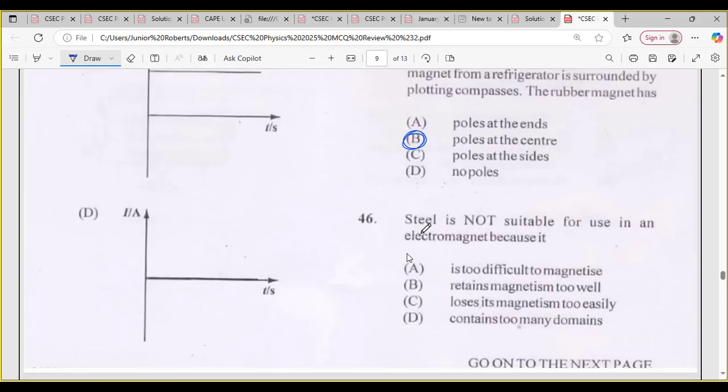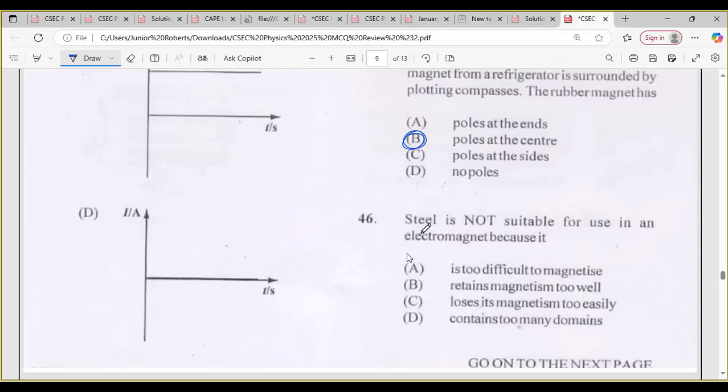46 now says, steel is not suitable for use in an electromagnet because, so let's see this now. We know that steel is not easily magnetized, but once magnetized, it retains its magnetism very well. In the case of an electromagnet, we need it to be quickly magnetized and then quickly demagnetized.